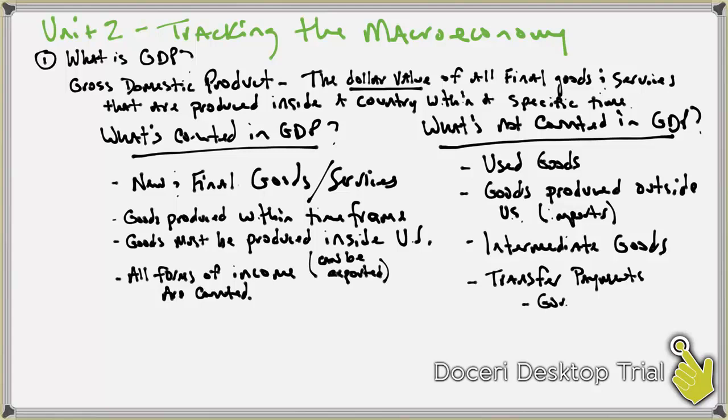So a government transfer payment would be like a Social Security check. And when someone receives a Social Security check, they're receiving money, but nothing has been produced. And so we don't want to count that in the GDP. We only count transactions where something was produced or a good or service was provided.